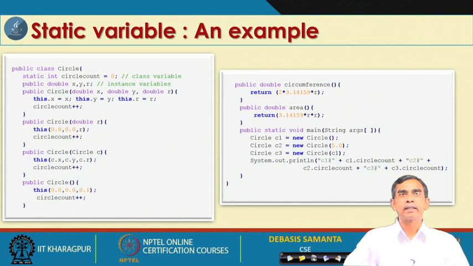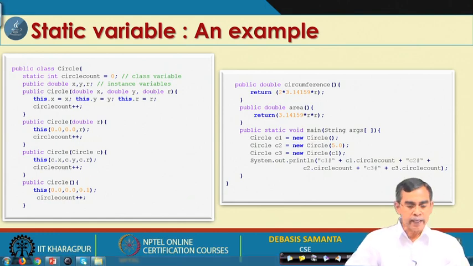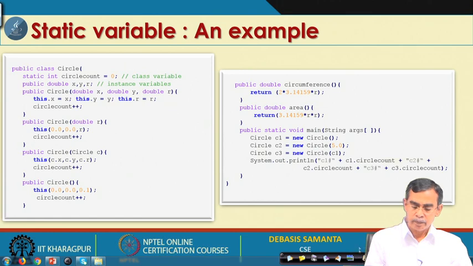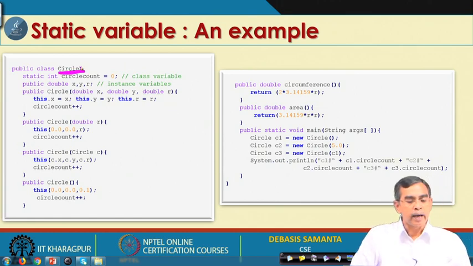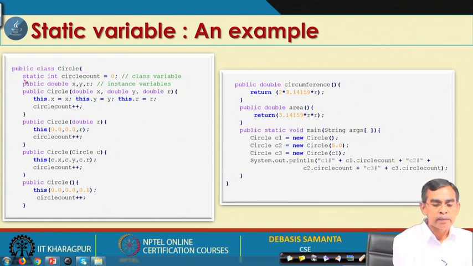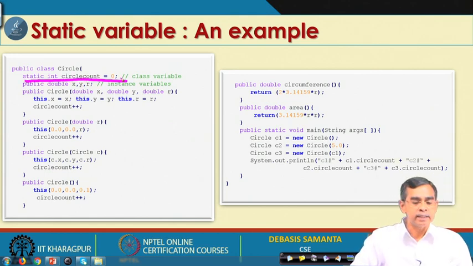Now, let us discuss an example to make the concept of static variable more understandable. Here we have one class, the name of the class is circle. We declare one variable here. You can note the variable is circleCount, which is declared as static.